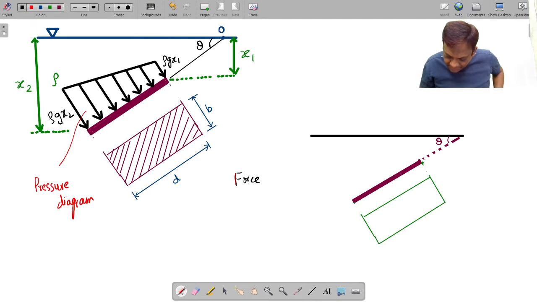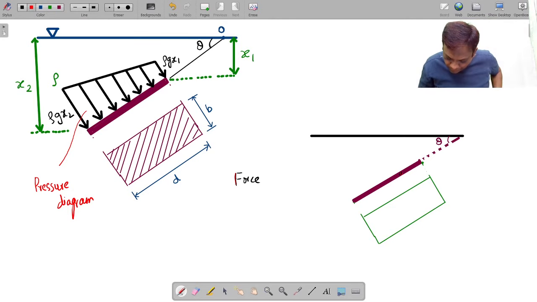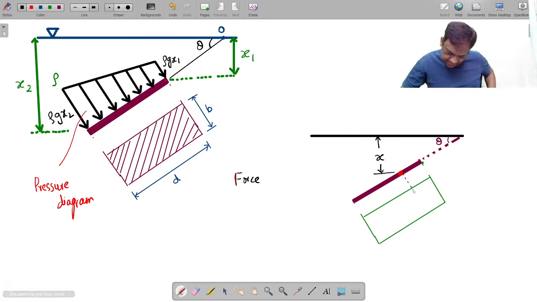Let us take some point. Let this depth be x. The same point I am showing here. Let the depth be x.